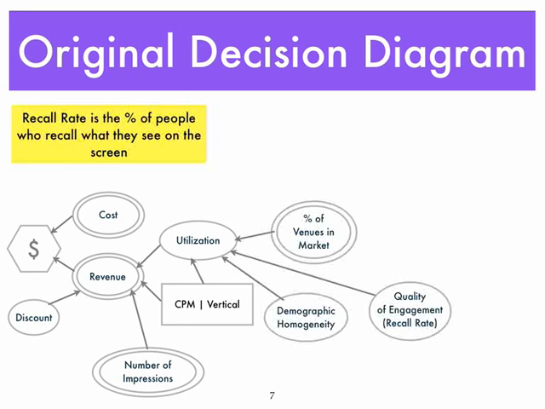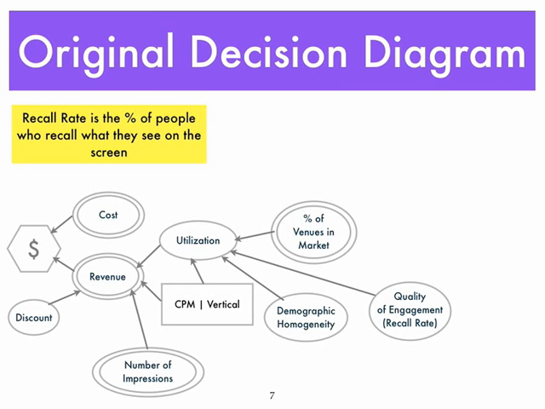So utilization is relevant to many factors. The CPM influences utilization: the higher they charge their advertisers, the more the utilization may go down, and the lower the CPM, the more it might go up. The other 3 factors are quite interesting. Demographic homogeneity is the same as what I described as demographic appeal to advertisers.